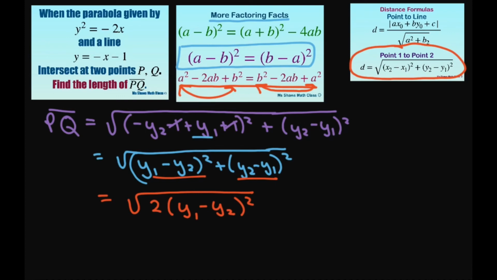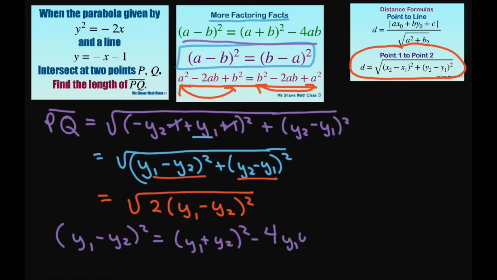Like that. Also, I'm going to use this factoring fact. If I have y sub 1 minus y sub 2 squared, that can equal y sub 1 plus y sub 2 squared minus 4 times y sub 1 times y sub 2. All right.